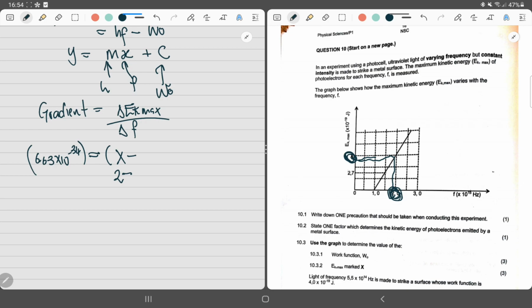We'll just choose 2.7, because that's what we are given, and then the frequency should be 1.5. The units here are times 10 to the exponent of negative 19, and at the bottom, times 10 to the exponent of 15.